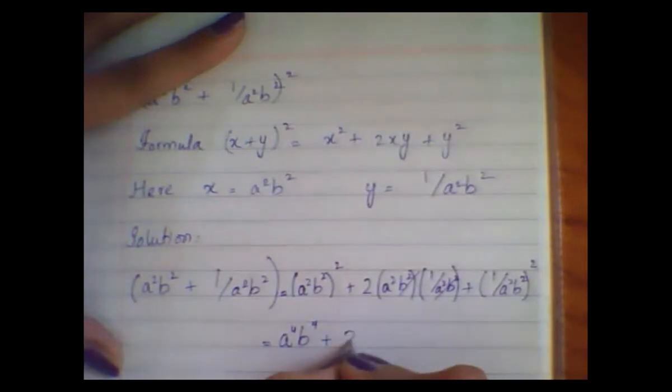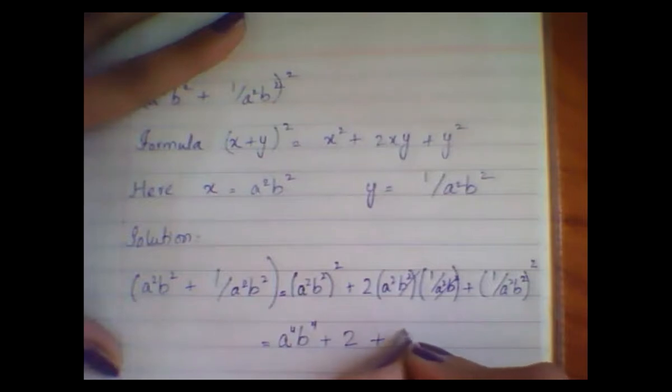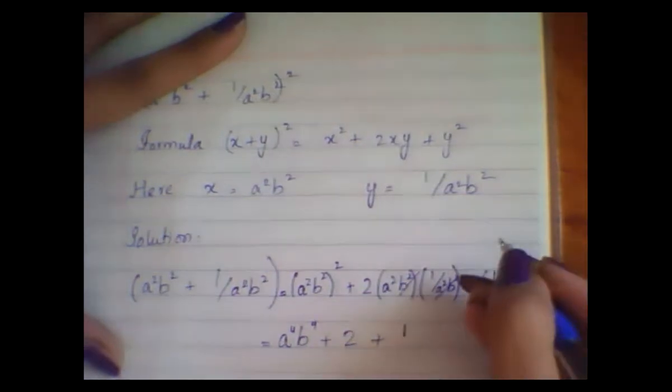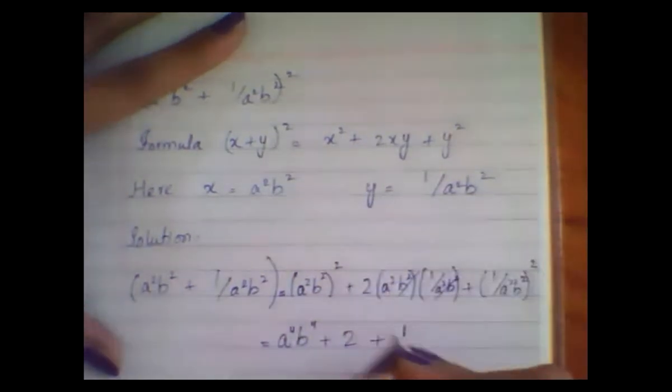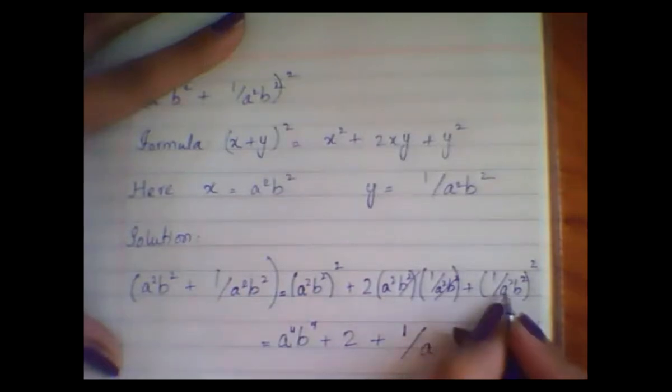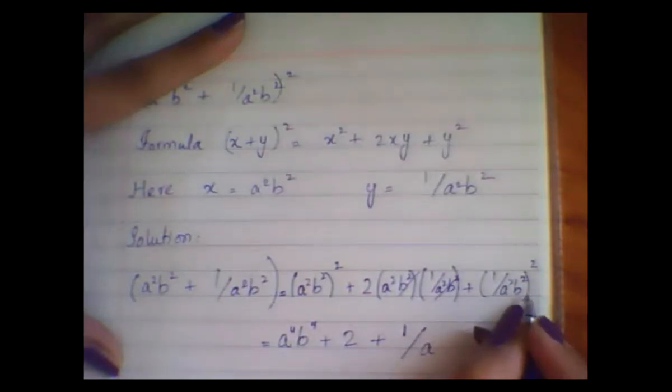We get plus 2. Then plus 1. 1 into 1 is 1. Manahil, 1 into 1 is 1, not 2 ones are 2. 1 is multiplying twice, so we get 1 into 1 is 1, upon a square b square.